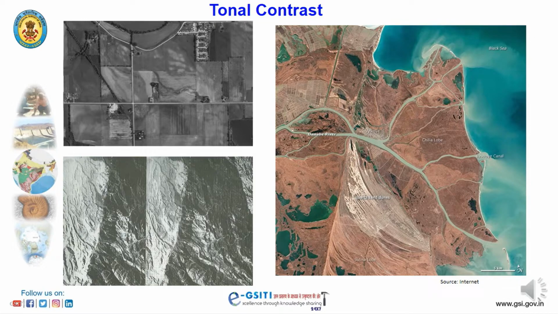And if you see different shades of blue in the sea, that may be representing the sediment deposits, shallow and deep water column. Like this, as an image interpreter, you can analyze various tonal contrast from an aerial photograph as well as from a satellite image.